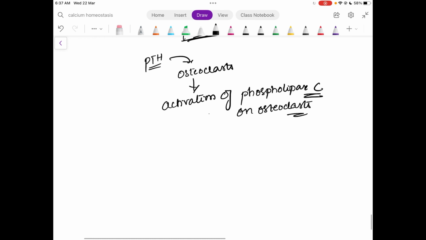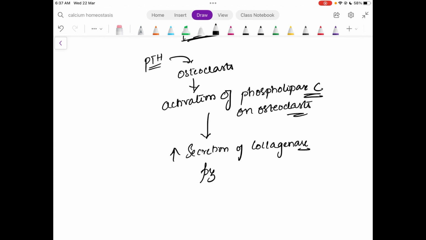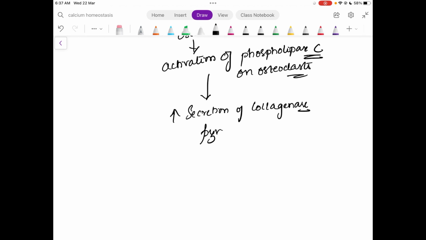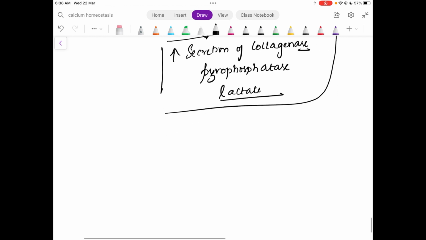So there will be activation of phospholipase C enzyme, and this causes increased secretion of collagenase, pyrophosphatase, and lactate. These are released from the osteoclast.